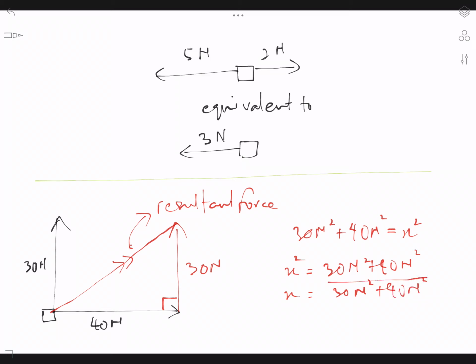And then you take the square root of it, you get 50. You just need to use your calculator. So the magnitude of the resultant force is 50 Newton.